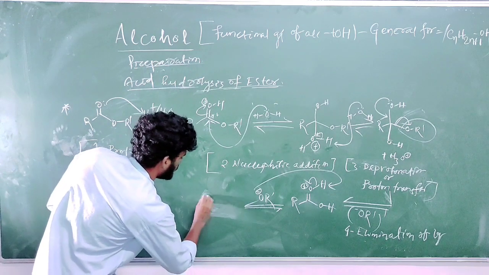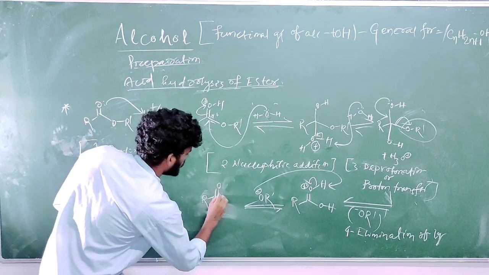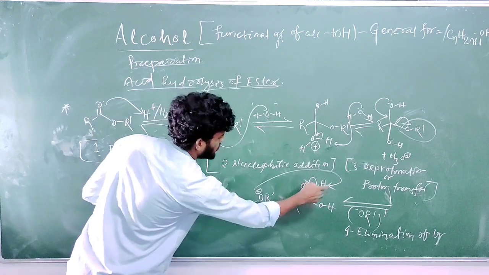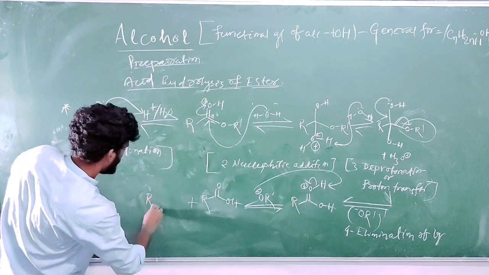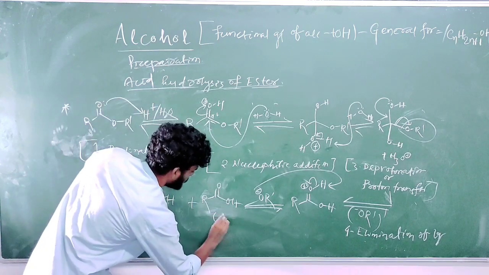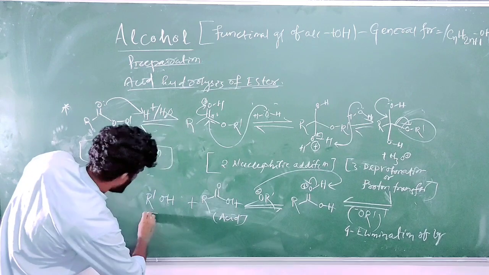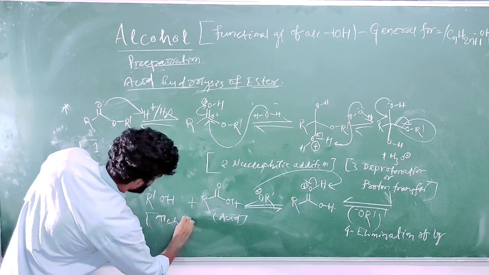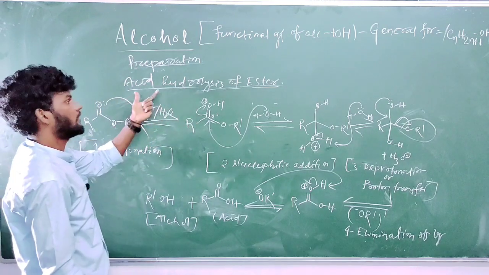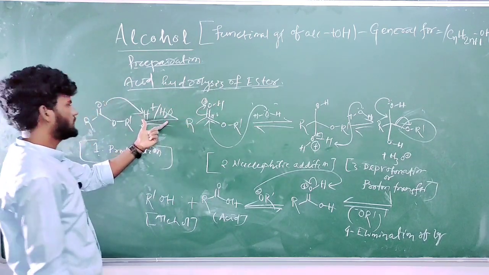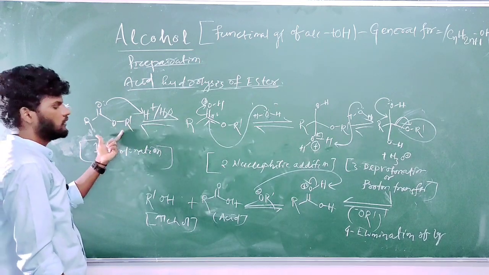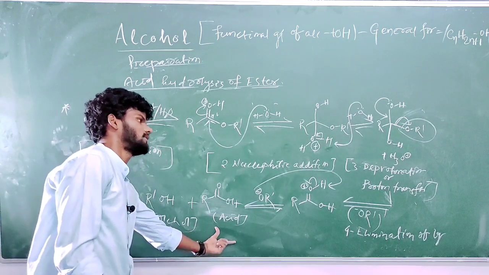So it will form RCOOH plus R'OH, as OR' takes the hydrogen. So this is the acid and this is the alcohol. This is the base acid hydrolysis of ester: by acid, H plus and water, acid hydrolysis of ester forms alcohol and acid.